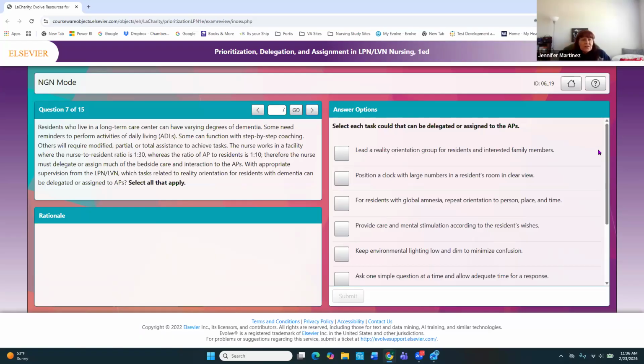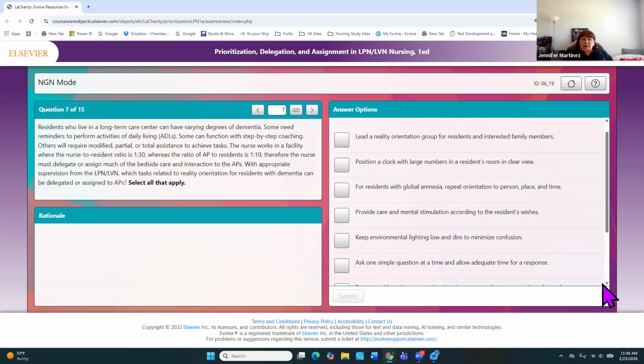All right, so which of these can we assign to the assisted personnel? Lead a reality orientation group for residents and interested family members. Position a clock with large numbers in a resident's room in clear view. For residents with global amnesia, repeat orientation of person, place, and time.